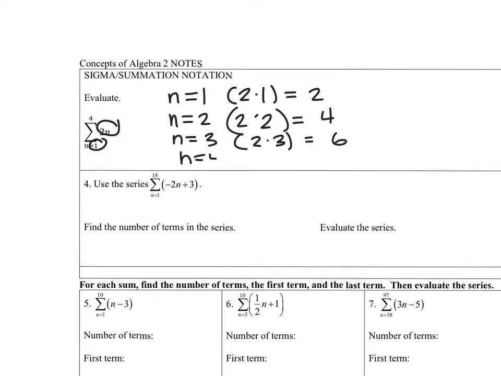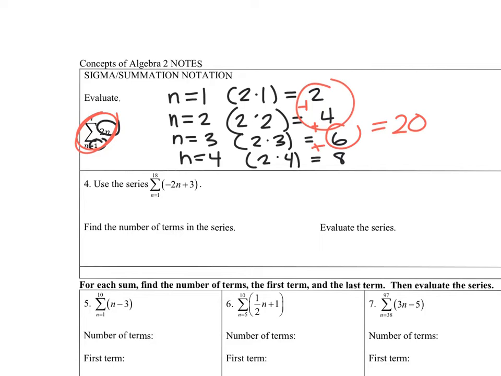If you plug in 4, you get 2 times 4, and that equals 8. This sigma means I need to add up these numbers. So 2 plus 4 plus 6 plus 8: 6 plus 6 is 12, plus 8 is 20.